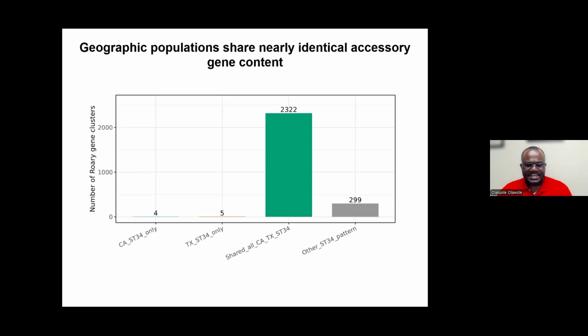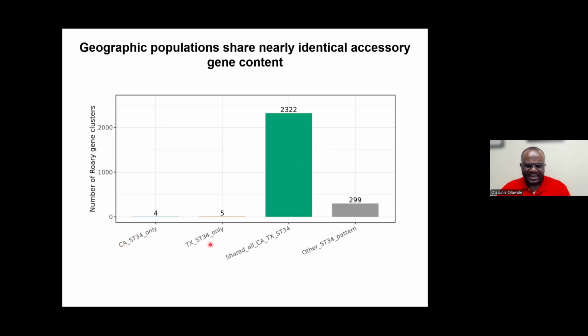So we next tested whether geography contributes substantially to the genomic differentiation between the dominant plum-associated lineages, which were ST34 and ST26. But before then, we wanted to see if there's a difference between the California ST34 and the Texas ST34.